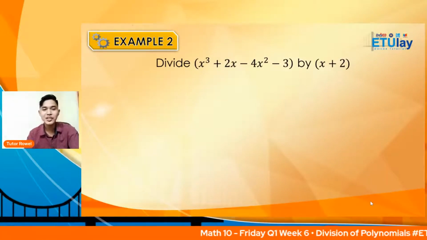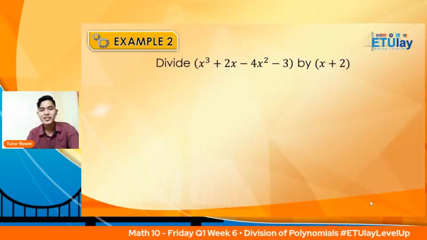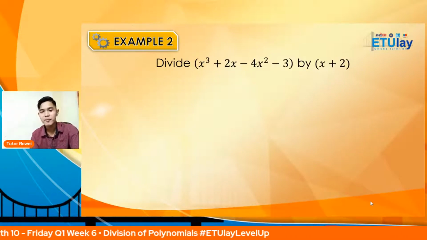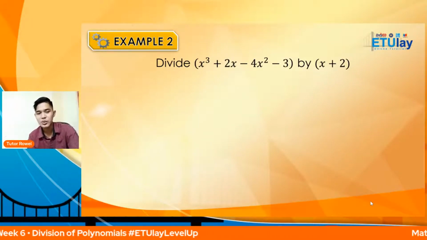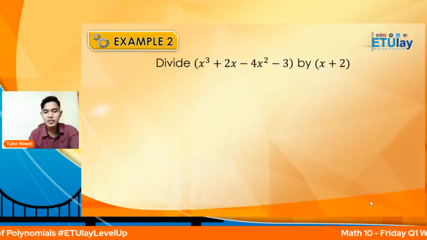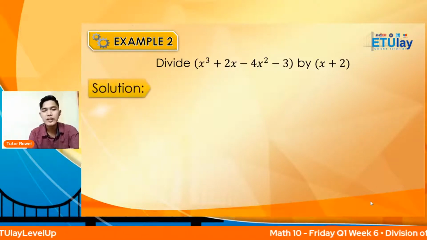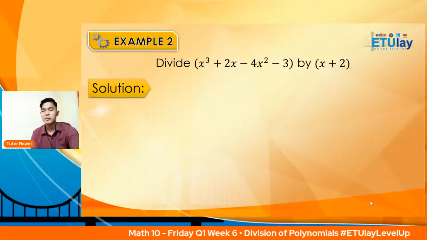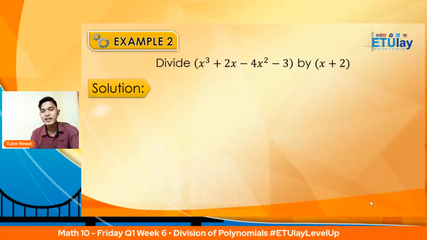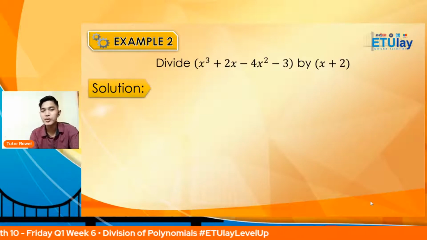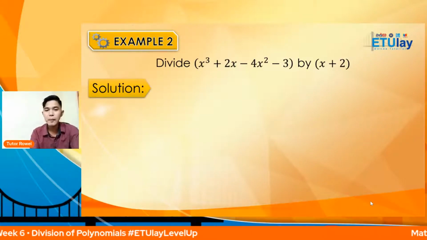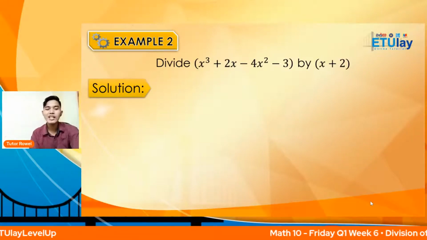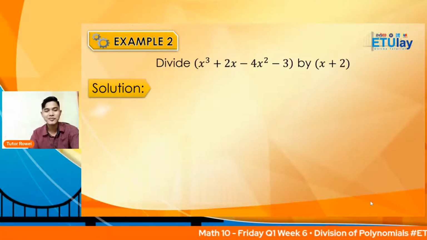So, we have x cubed plus 2x minus 4x squared minus 3 divided by x plus 2. By the way, as you notice, the terms of our dividend are not arranged. When the terms are not arranged according to degree or power, we must arrange them first before we divide. Which one do we write first?